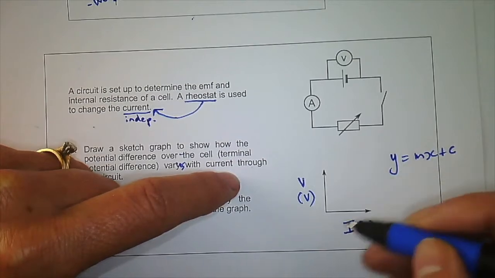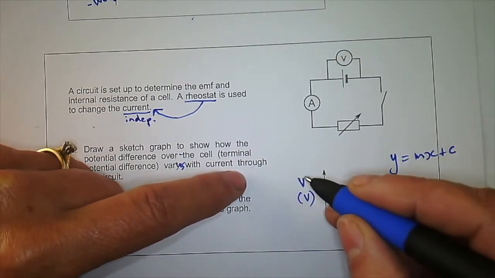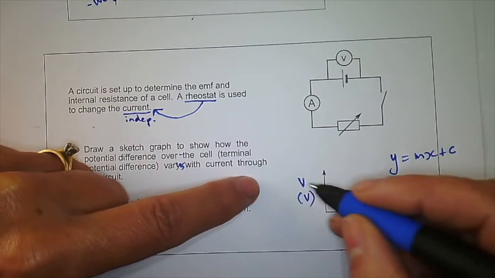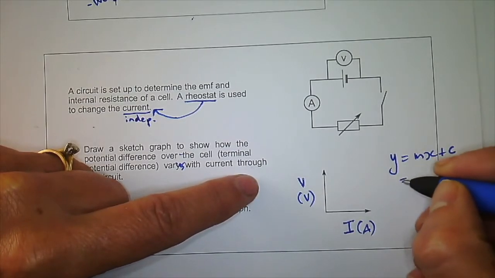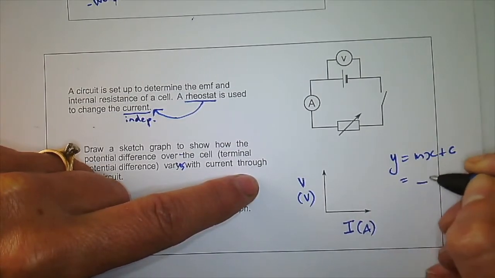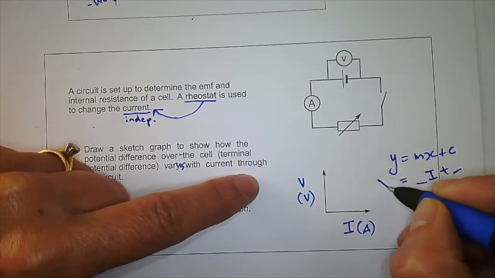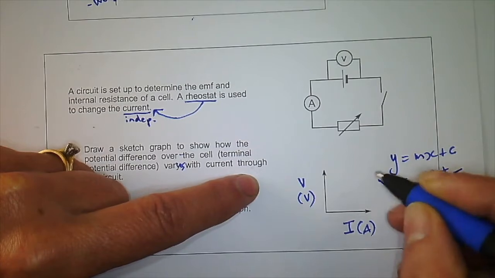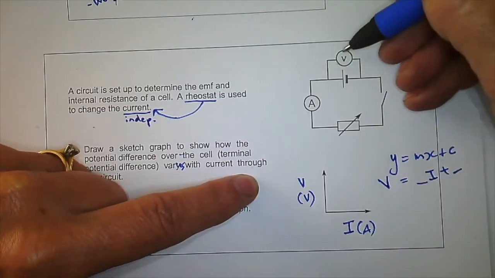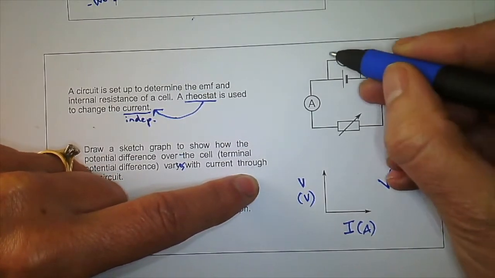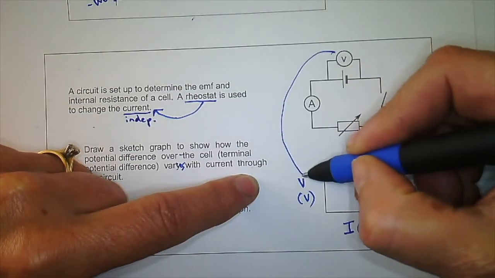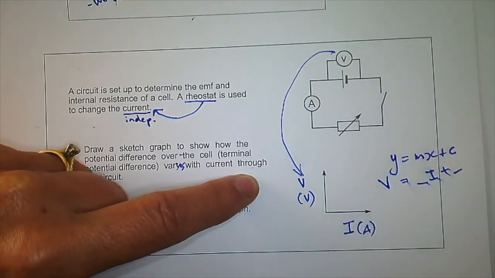What I need in the y position is a voltage. We'll talk about that potential difference now. And in the position of x, I need a current. Right, now let's just talk about that potential difference. What is that potential difference? What is measured by that voltmeter? Because you are drawing on your graph what you measured from that voltmeter.